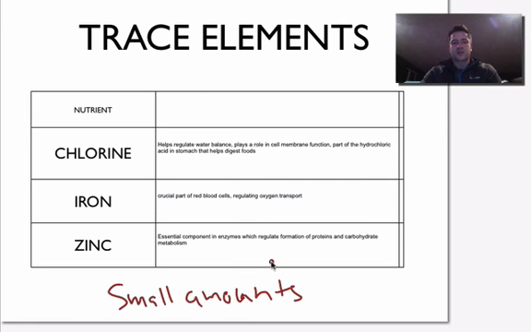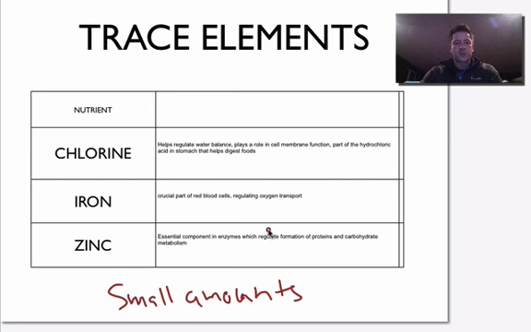So these are things such as chlorine, which helps to regulate water balance, plays a role in cell membrane function, and is part of the hydrochloric acid in the stomach that helps digest food. So that's how it helps in both humans and plants, but in humans it's going to help with the hydrochloric acid that helps us to break down and digest food.